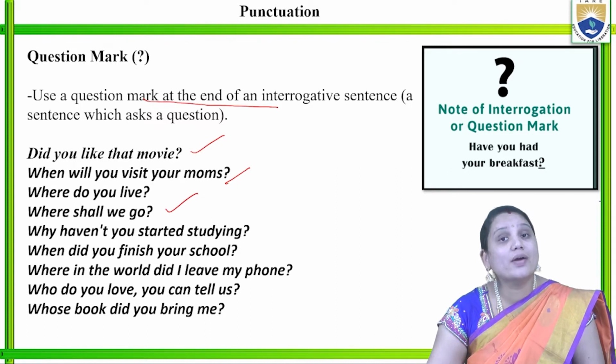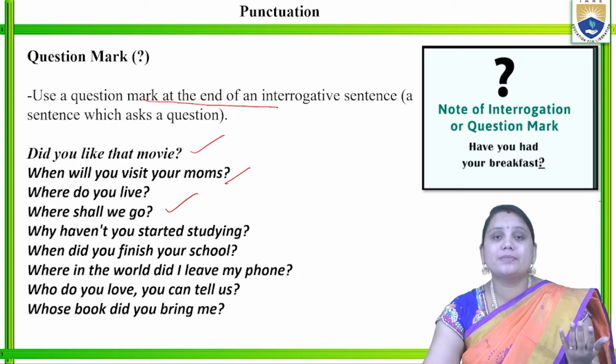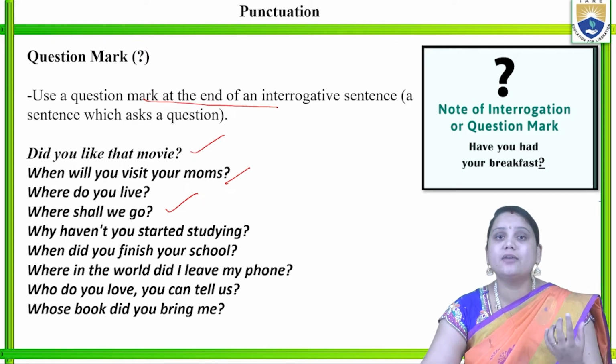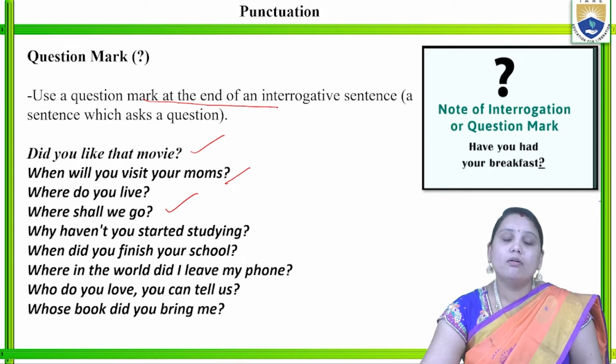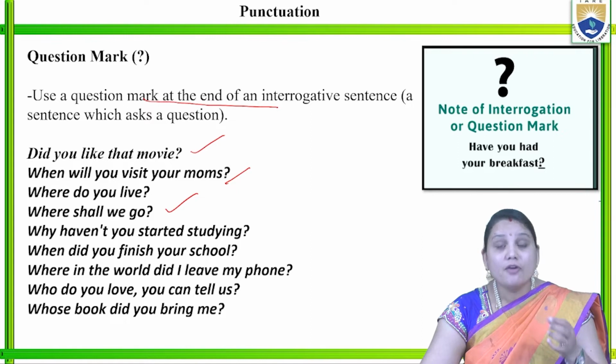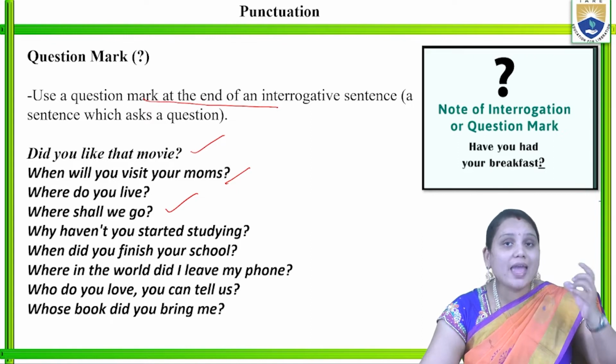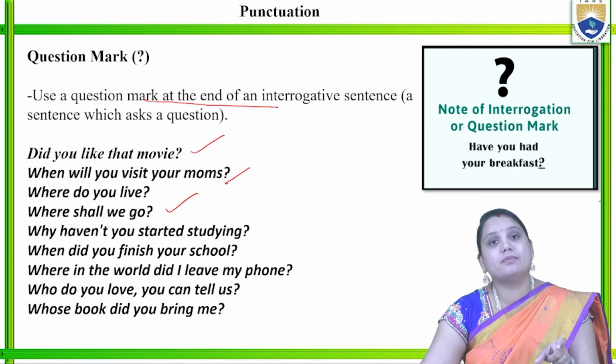See the way you're questioning the other. There must be an expression. You cannot say a question in the way of a declarative sentence. Where do you go? You don't have any expression there, isn't it? Where shall we go? The way we express it through the question mark is the most important thing.